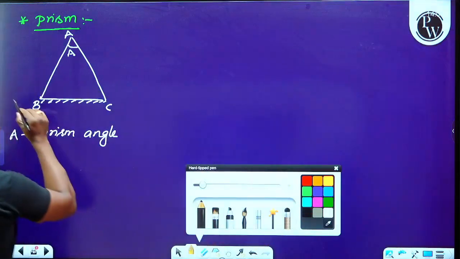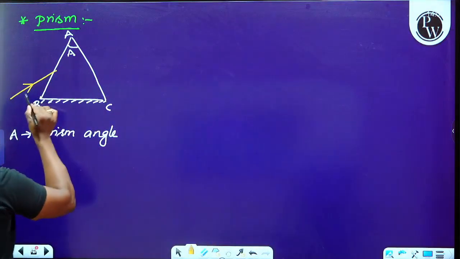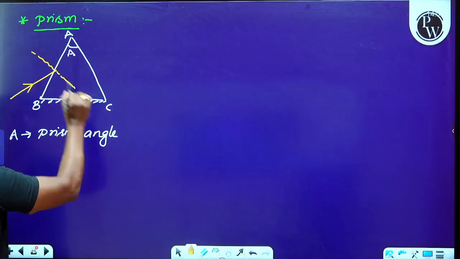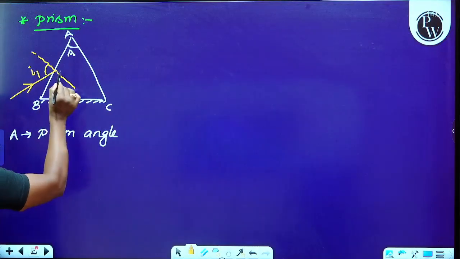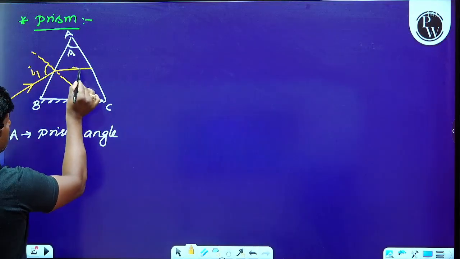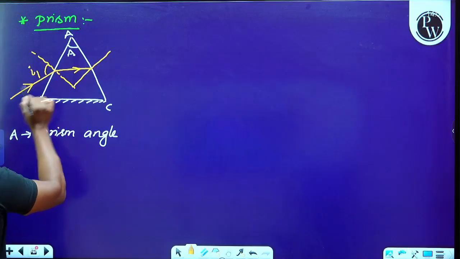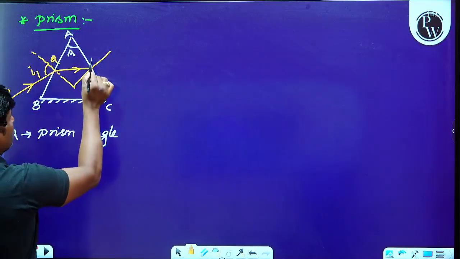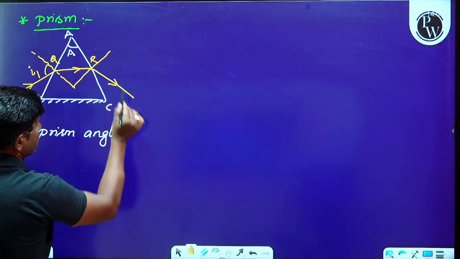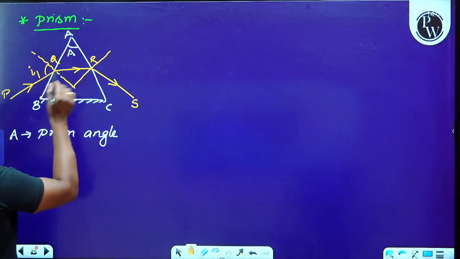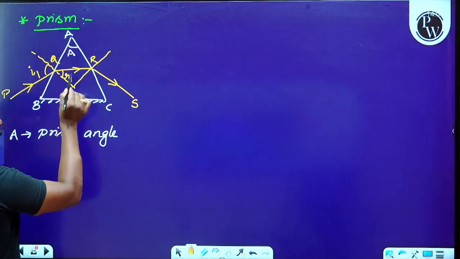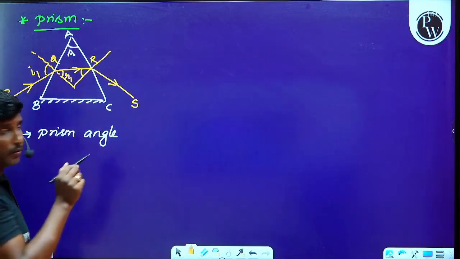Whenever a light is made to be incident on the prism at an angle, let us say I1, it undergoes refraction. Let us say this is P, Q, R and S. S is the emergent ray. I1 is the angle of incidence and R1 is the angle of refraction at the first face.